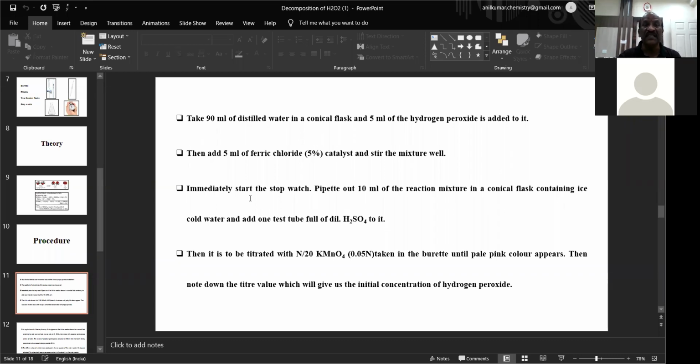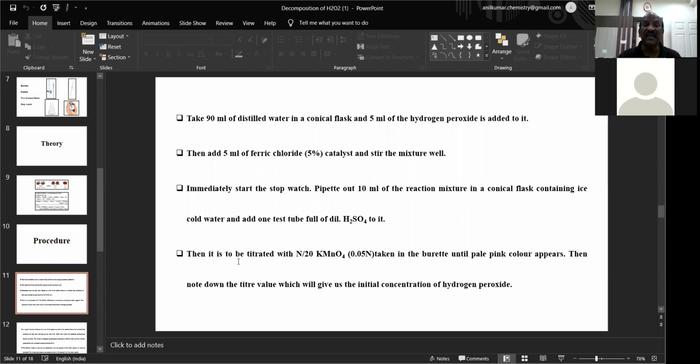Here it is given: immediately start the stopwatch and pipette out 10 ml of the reaction mixture and transfer it into the conical flask, which contains the ice cold water and a test tube of H2SO4.